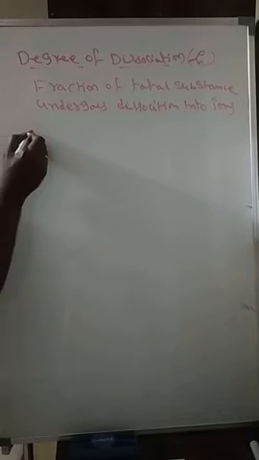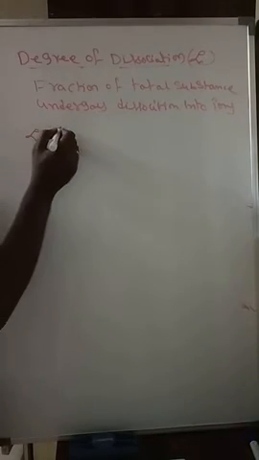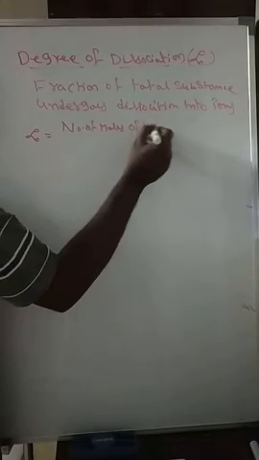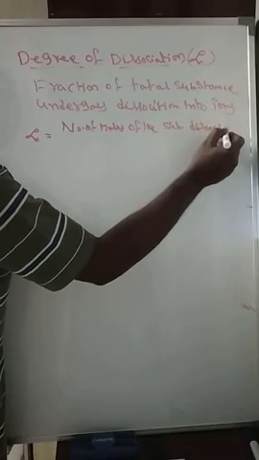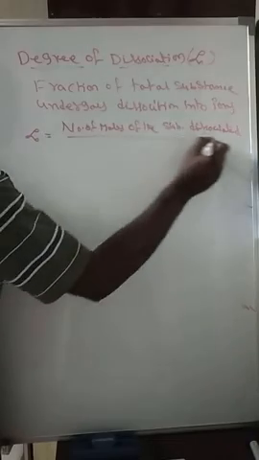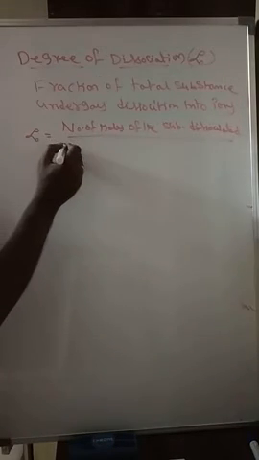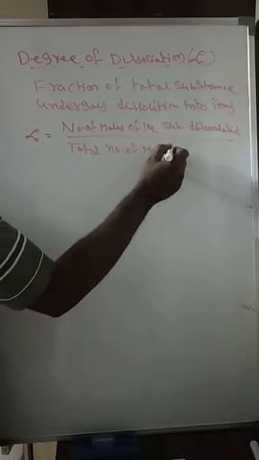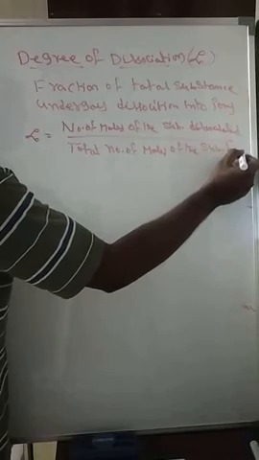This is also defined by a formula. Degree of dissociation, alpha, is equal to the number of moles of the substance dissociated divided by the total number of moles of the substance taken.